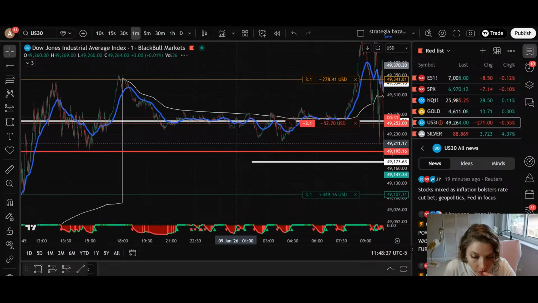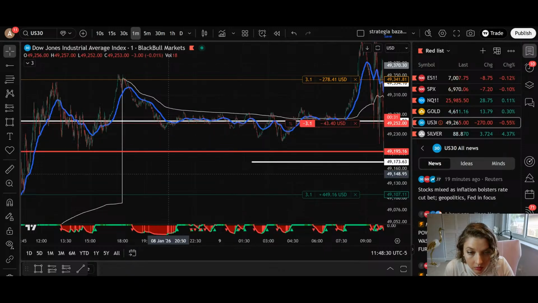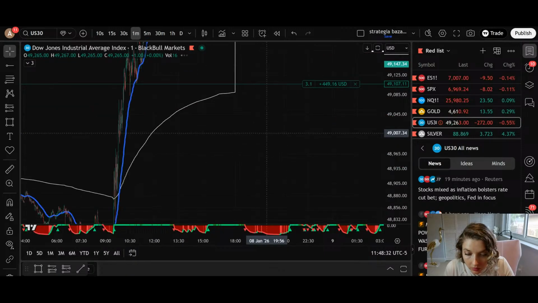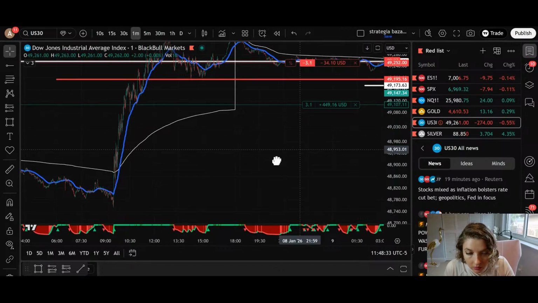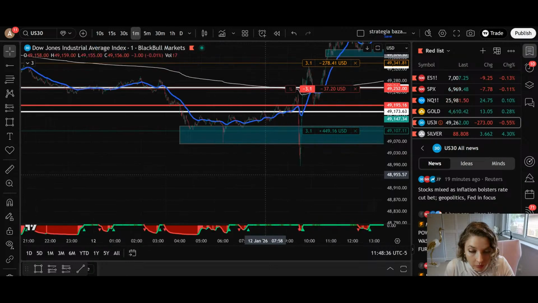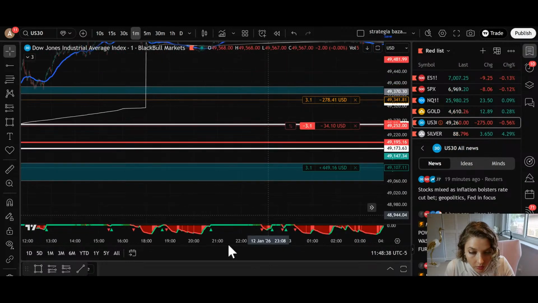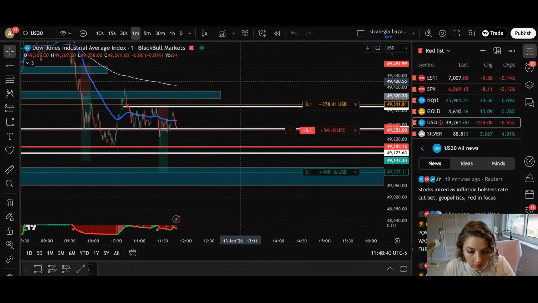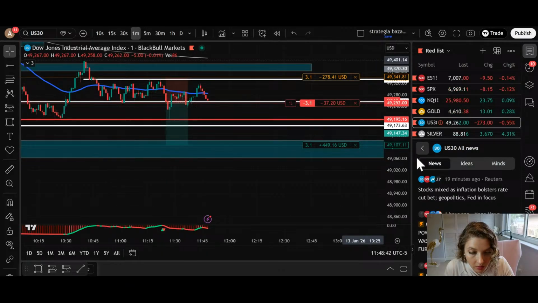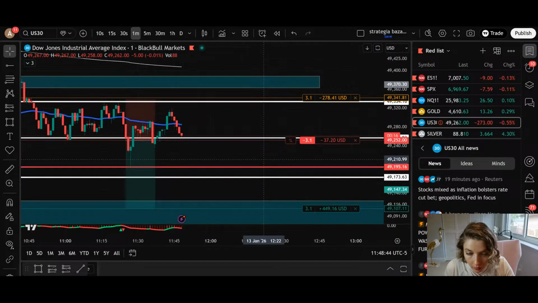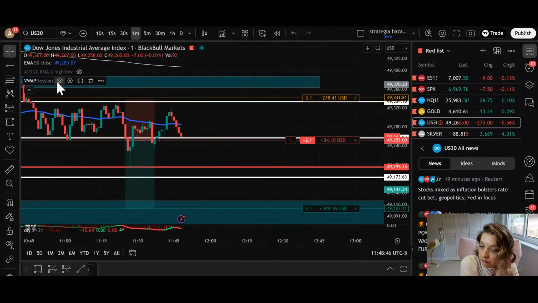On gold, I saw, yeah, it did react on gold. So I will probably use the WAP on gold next time. But on US30, not really. It doesn't really help me.